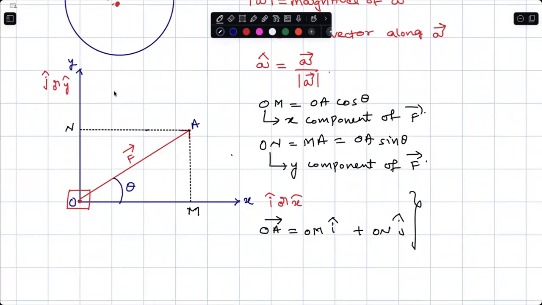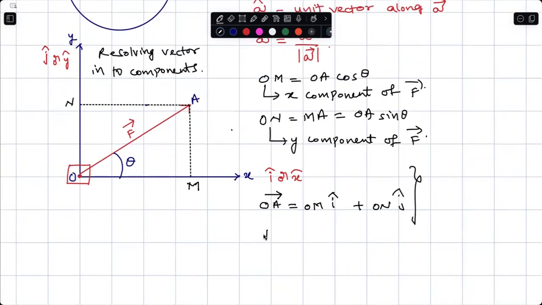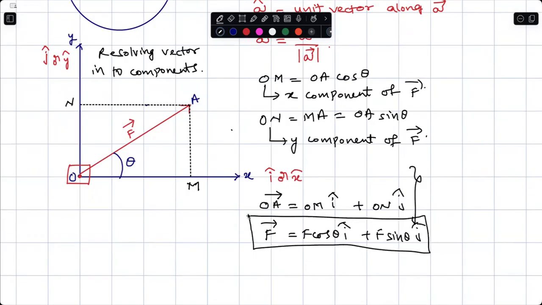So finally, you can write F bar as F cos theta I cap plus F sin theta j cap. This is how you will resolve. Earlier, in projectiles, you represented the same U as U cos theta I cap plus U sin theta j cap. Same I am doing for F.